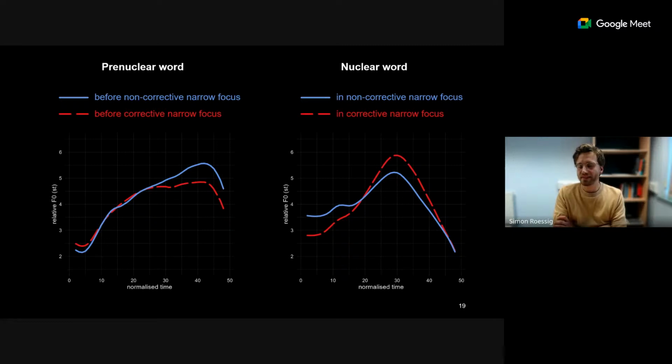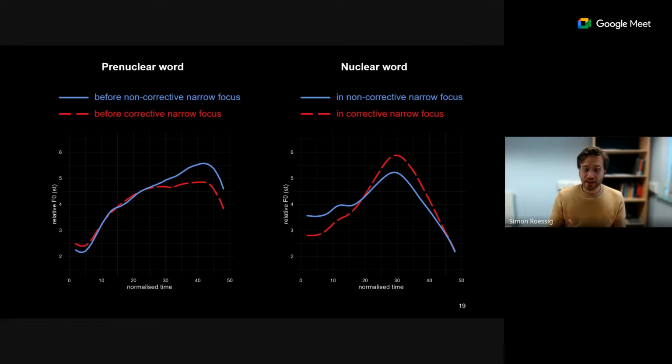What I understand here from this question is this: are the prenuclear words and the nuclear words controlled independently, or is the effect that we see in the prenuclear domain a sort of preparation effect or a spillover effect, or an inhibition effect, where we want to have much more prominence on the nuclear word, and the result of the system is then the downplaying or the reduction of prominence in the prenuclear accent.